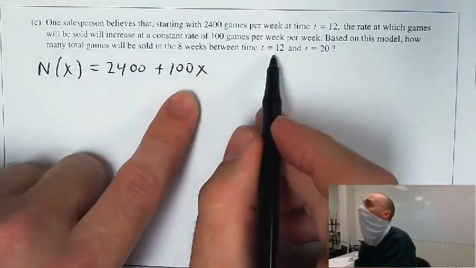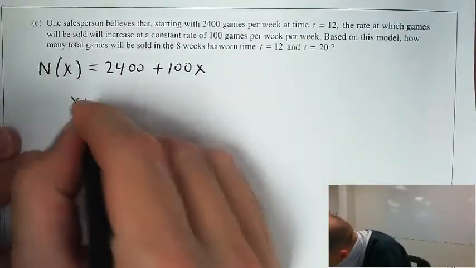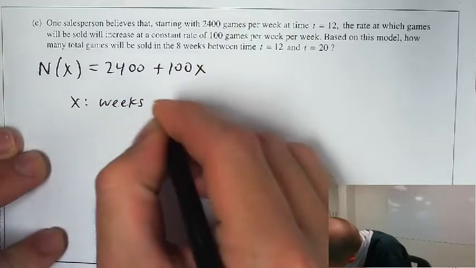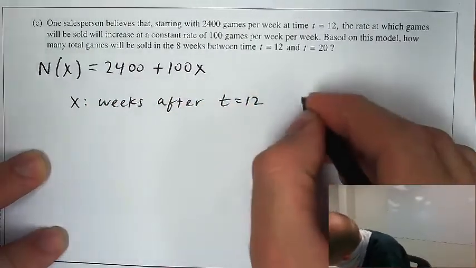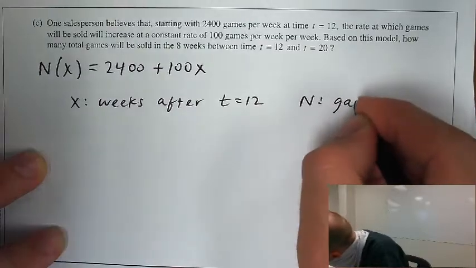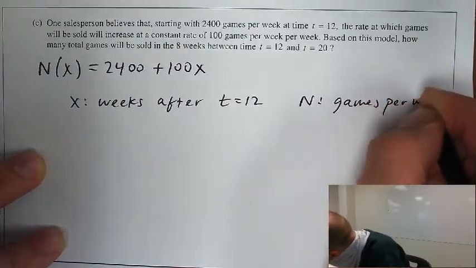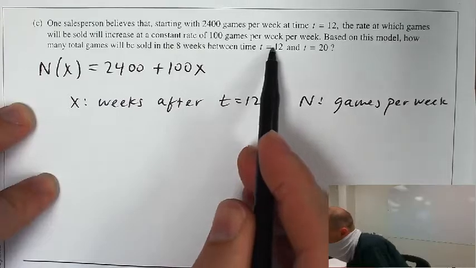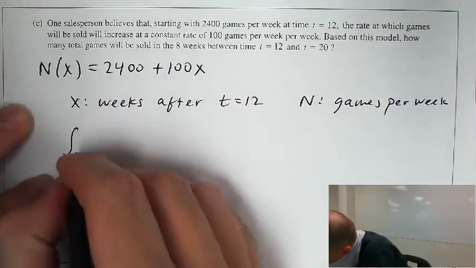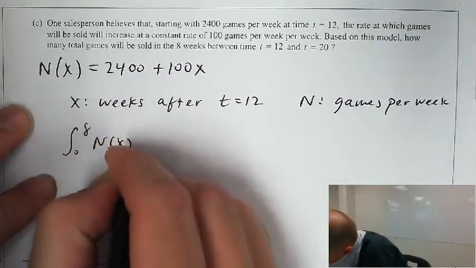So x is the number of weeks after 12. And n is per week. Meaning that if I want to find out how many are sold from 12 to 20, I can just integrate 0 to 8 n of x dx.